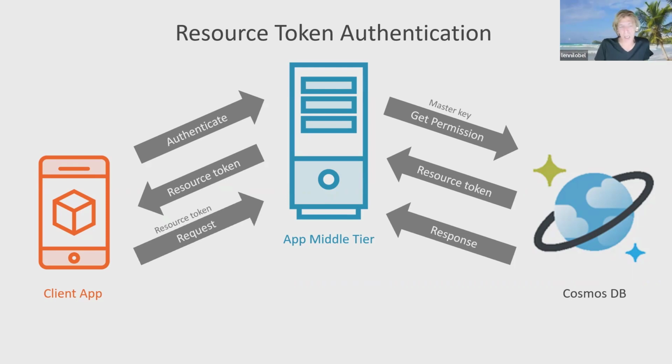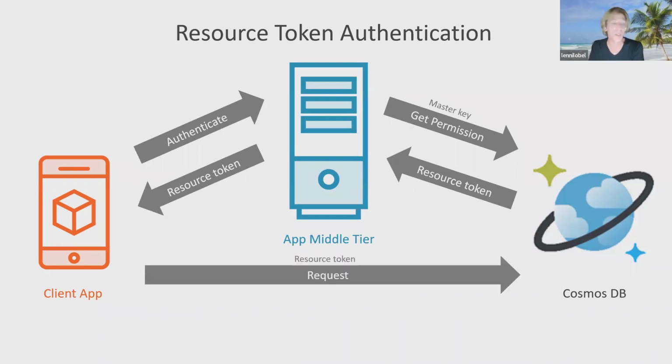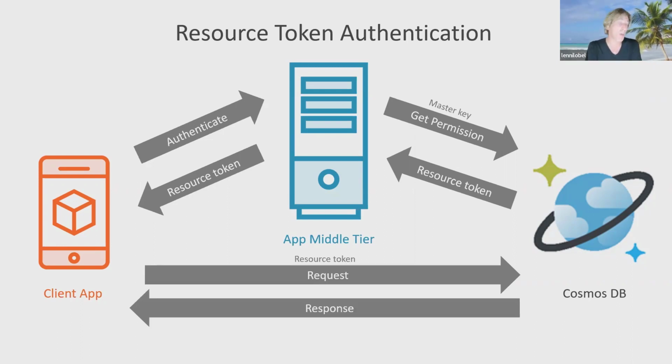But what's really interesting about this approach is that you can use it to implement a 2-tiered model, which can be appropriate. It's not appropriate in every scenario, but certainly in many mobile scenarios, you can have the client application on the mobile device connect directly to Cosmos DB.